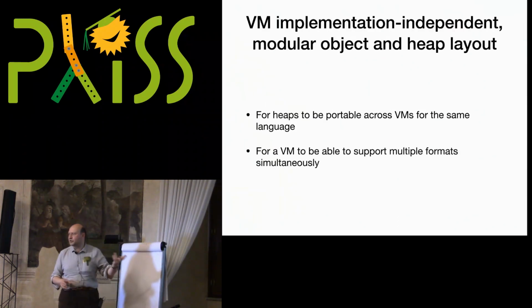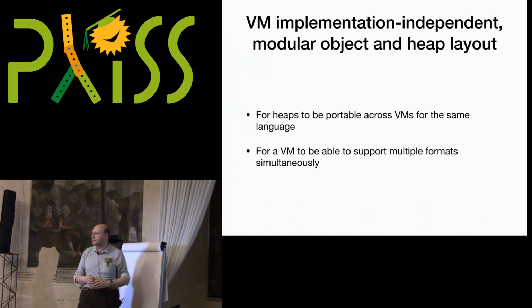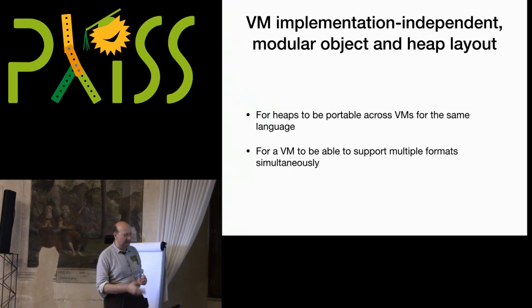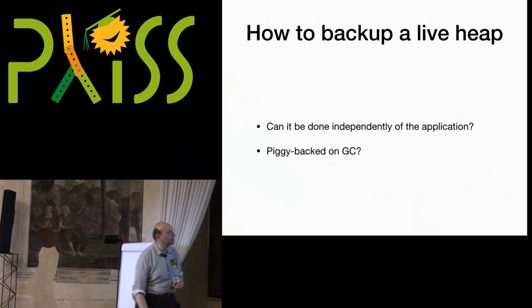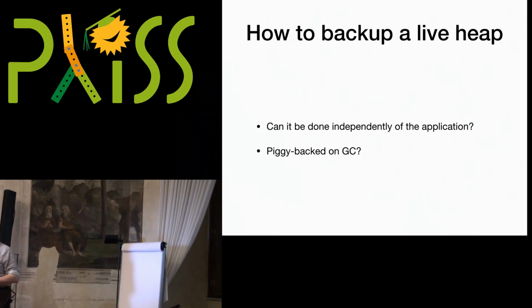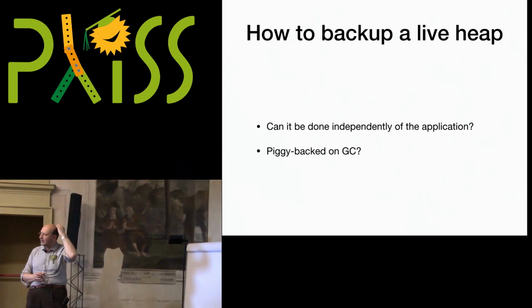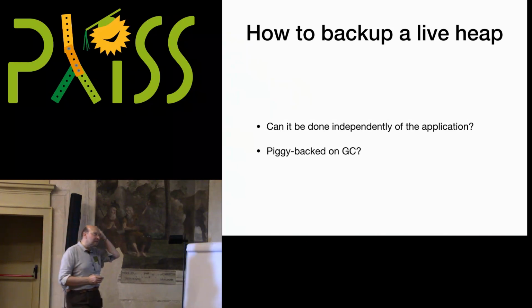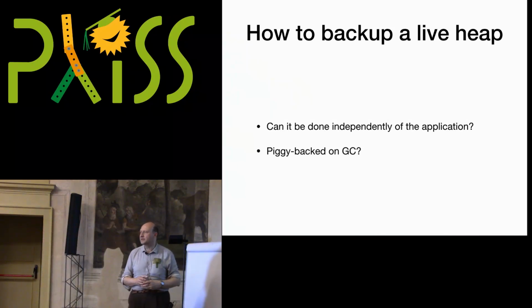How do we build all the modular implementation-independent stuff that we currently don't do? How do we make the heap layout a portable thing? How do we back up live heaps as they're running? Does that have to be application level code written for every application? Can we do that in some way that's more general?